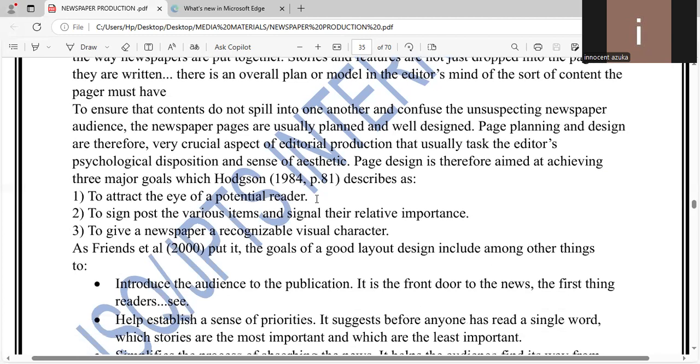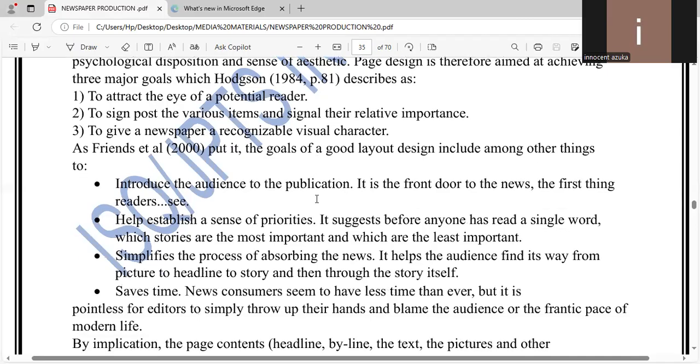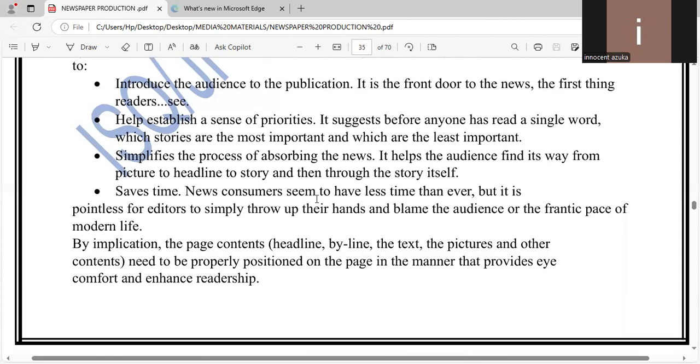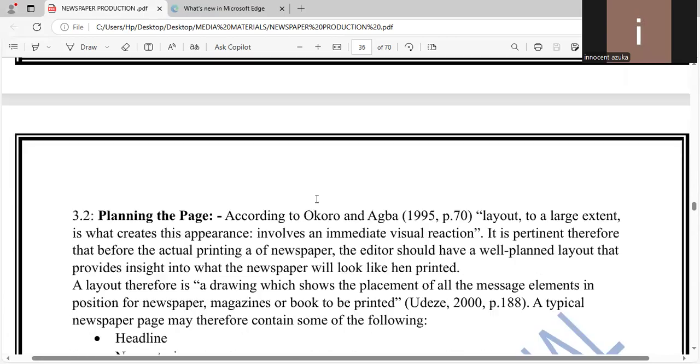So the goals of a good layout design include introducing the audience to the publication. It is the front door to the news and the first thing a reader sees. It helps establish a sense of priorities, simplifies the process of absorbing the news and saves more time.